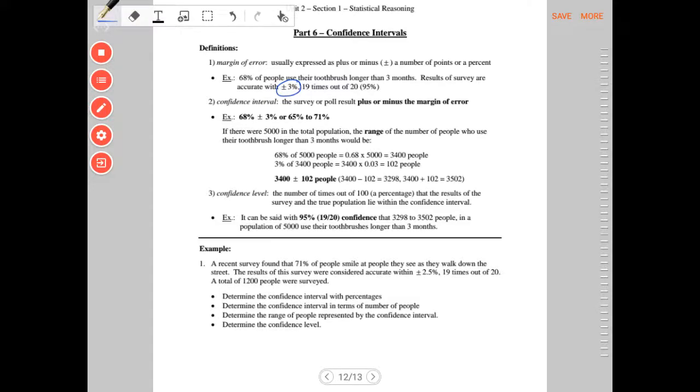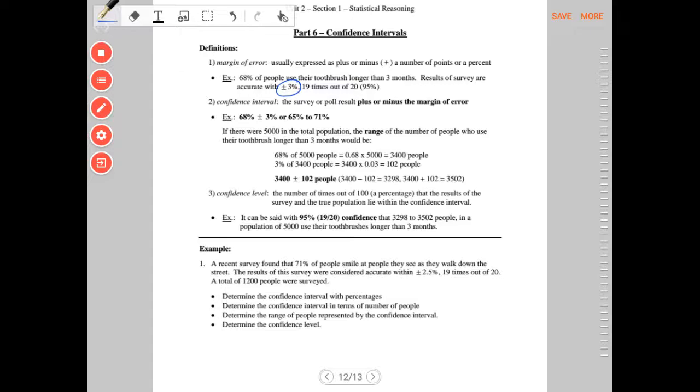Number 2, confidence interval. The survey or poll results plus or minus the margin of error. So for example, 68 plus minus 3%, or if you take 68 plus 3, you get 71, minus 3, you get 65.